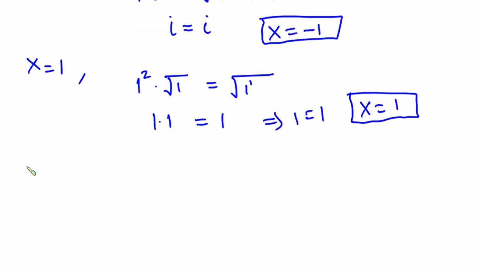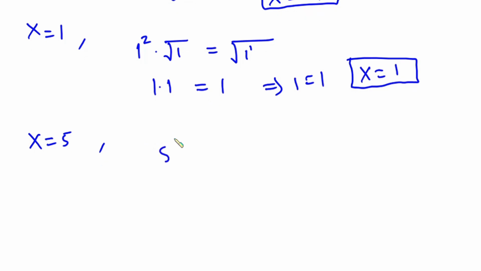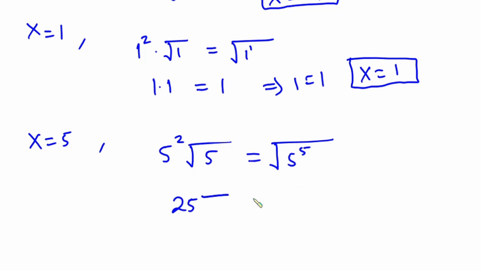Now let's go ahead and test for x is equal to 5, okay? Now if x is equal to 5, then we have the left hand side to be 5 to the power 2, then square root of 5, and this should be equal to the square root of 5 to the power 5, okay? So 5 to the power 2 is 25, then square root of 5 over here, and this should be equal to, now 5 to the power 5 is 3125, okay?